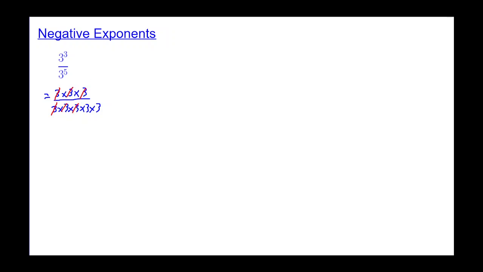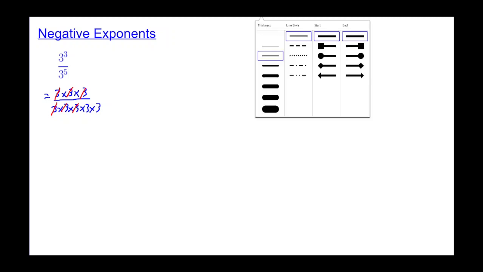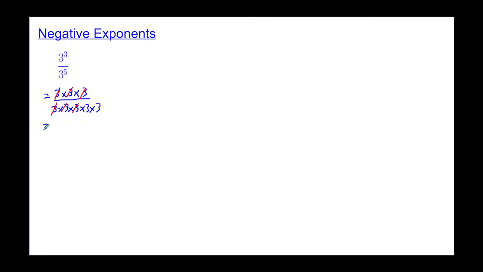So in the numerator then, we are left with 1. And in the denominator, we're left with 3 squared. Now obviously we could square the 3 and get 9 and evaluate this, but I want to leave it like this so we can make the connection. So this is one option.